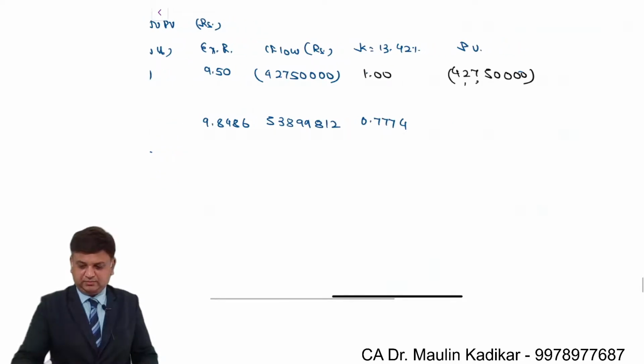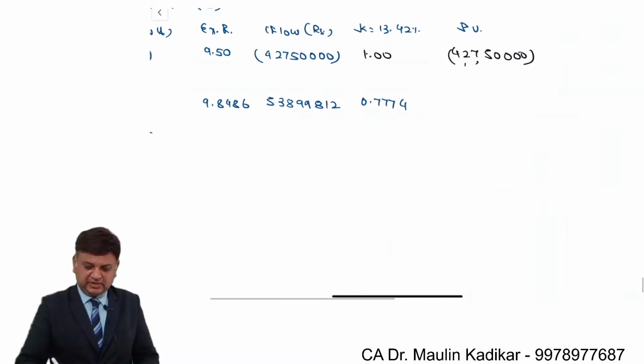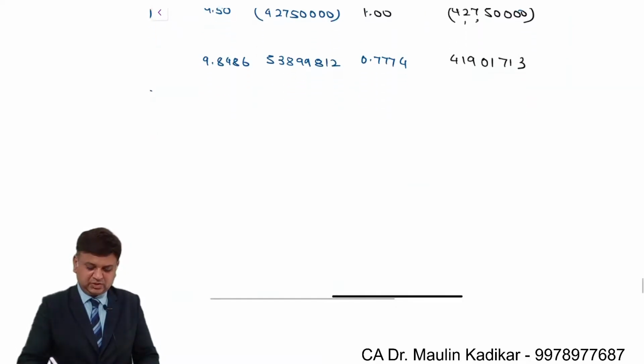So it comes to 4 crore 19 lakhs 1,713. So the NPV comes to negative 8 lakh 48,287.